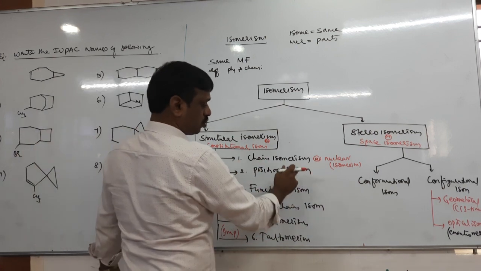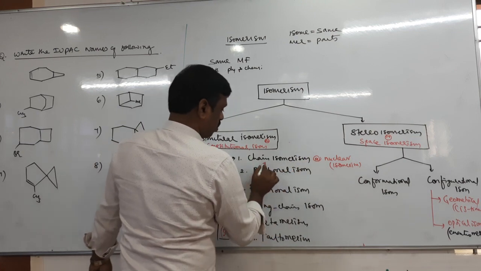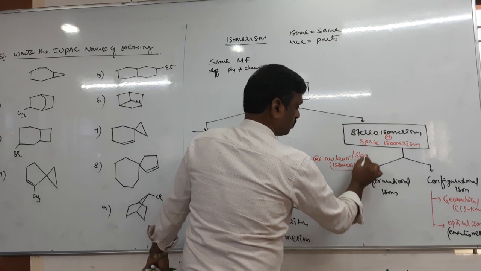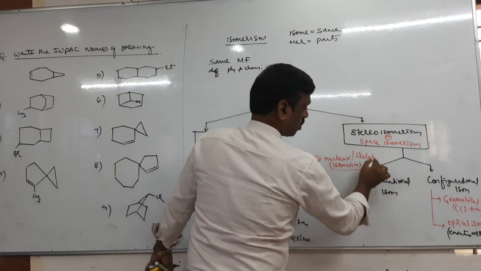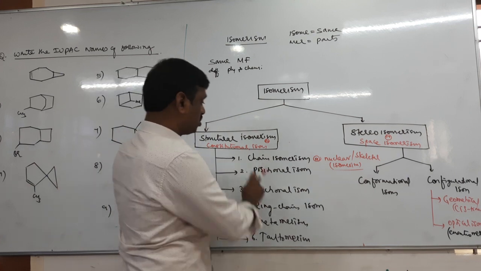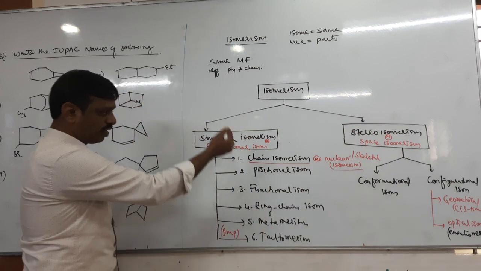Chain isomerism is called nuclear or skeletal isomerism. Take it as this.